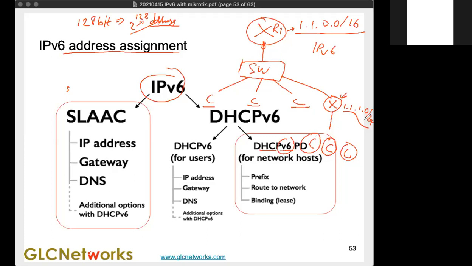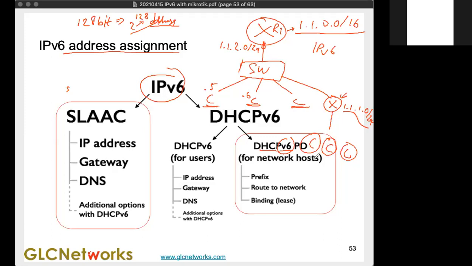Okay. So previously, what you have here, for example, is 1.1.2.0/24. And then here you assign .5, for example. Here you assign .6, right? Because this is the end device. But with IPv6, you cannot do that.